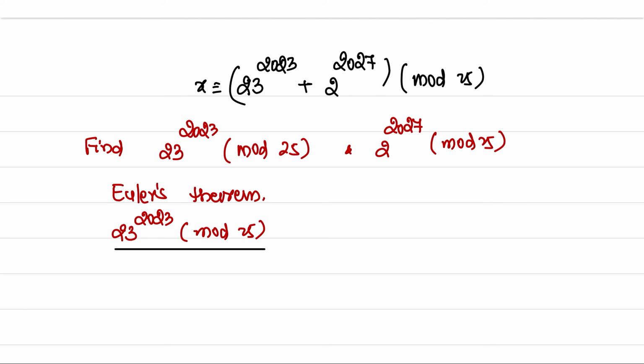Here, what is the GCD of 23 and 25? GCD of 23 and 25 is equal to 1.